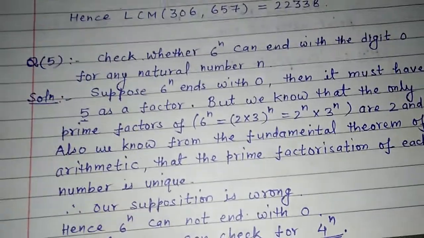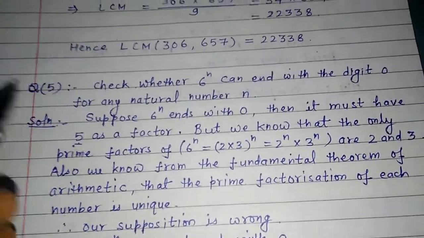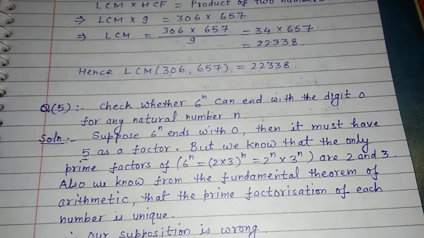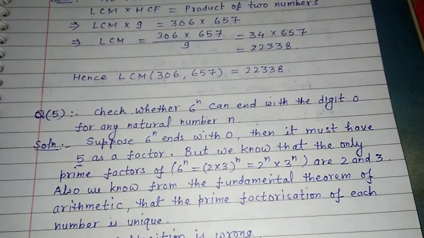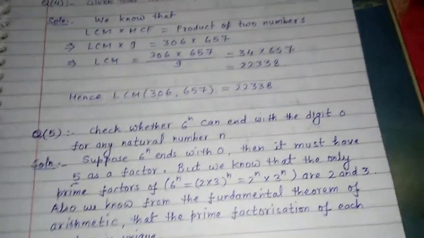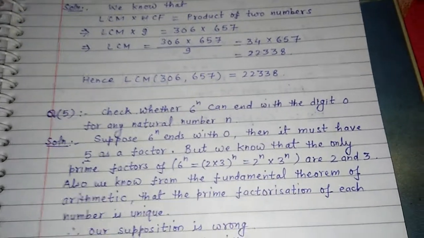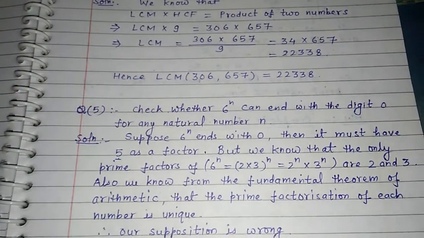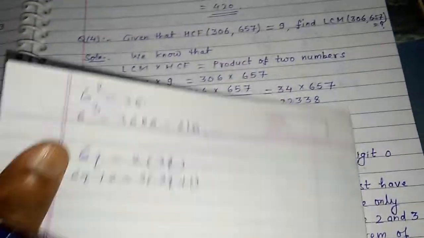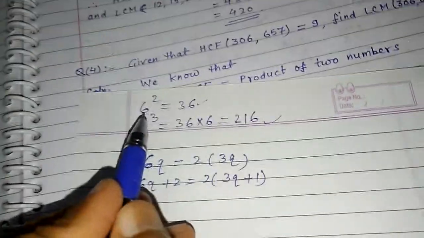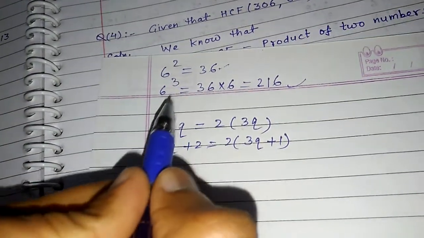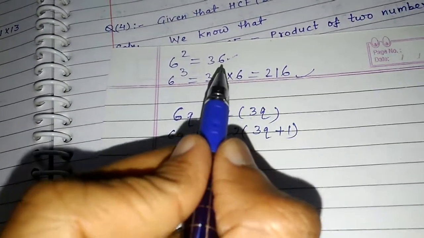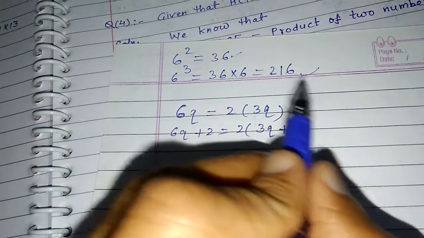Now the next question, number 5. Check whether 6 power n can end with the digit 0 for any natural number n. Here 6 power n means if we take some power of 6, for example 6 square, that is 36, 6 cube, that is 216, here its ones place is 6.